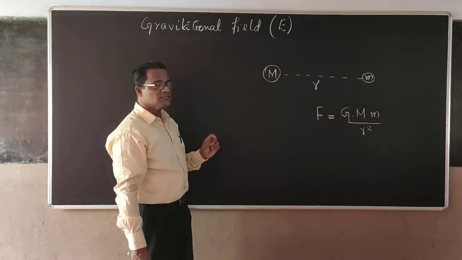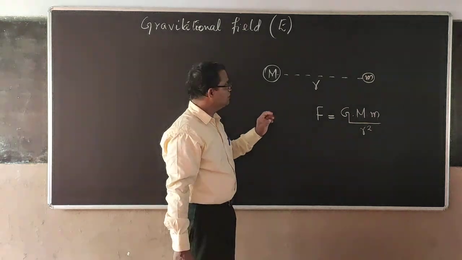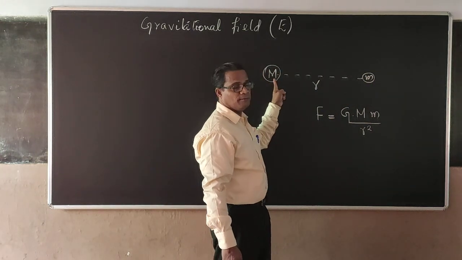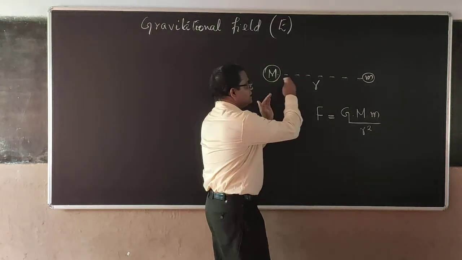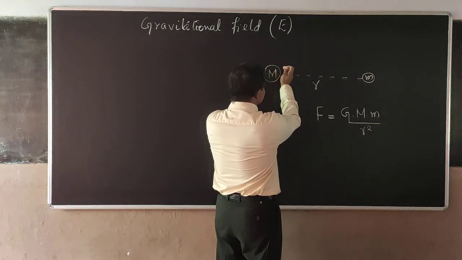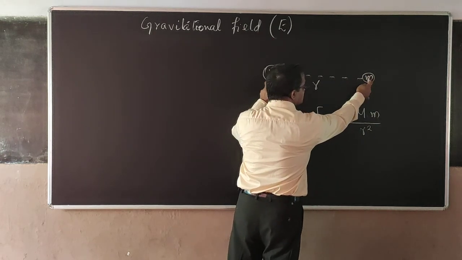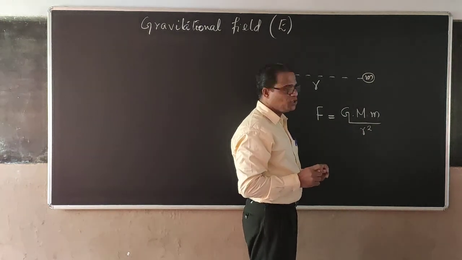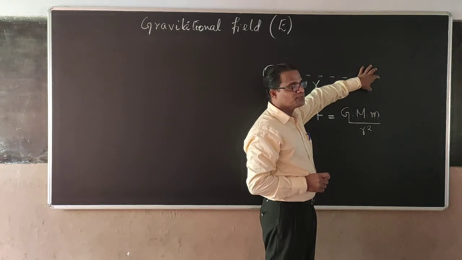Now, suppose I want to find the gravitational field mathematically at a particular distance r due to this M, then we consider the mass capital M influencing this one at this particular point. For that to be known, you have to keep a mass at this particular point.